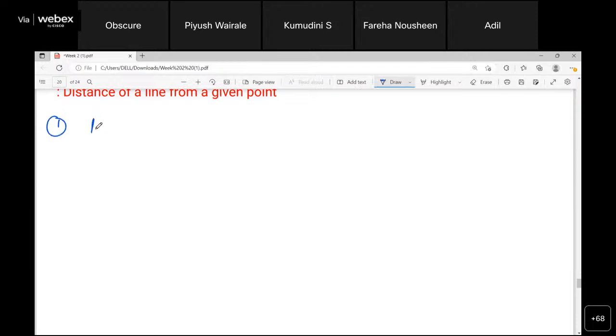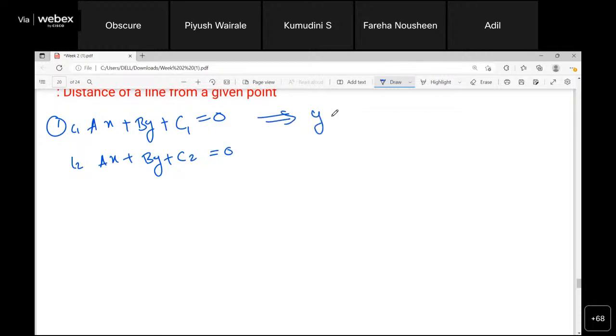So the first thing is that we are using the general equation, and these are the capital coefficients. This is my L1 and this is my L2, plus C2. This one is C1, right? Now I can also represent this equation in the form of y equals mx plus c.